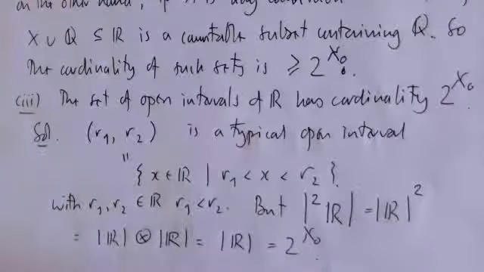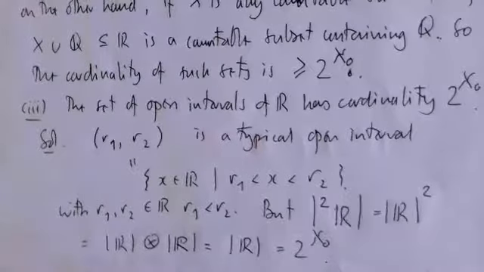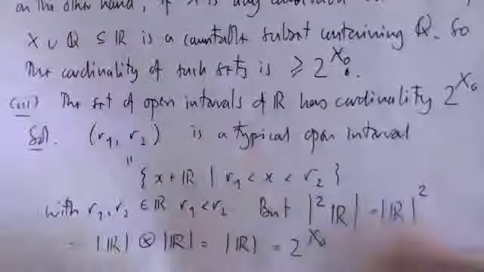Go on to 437. So here you're given a bunch of cardinals and you're asked to put them in increasing order, using equals or less than or equals.